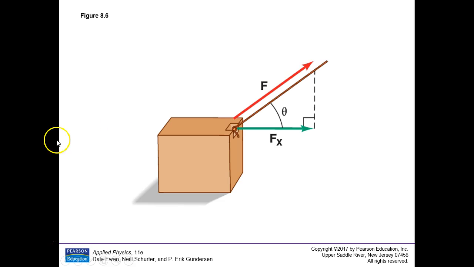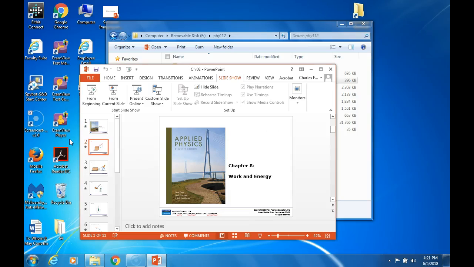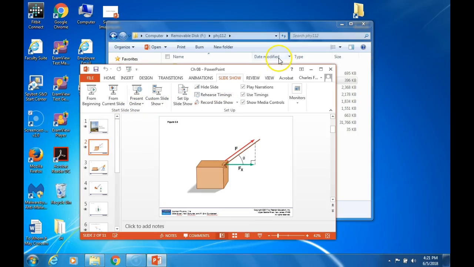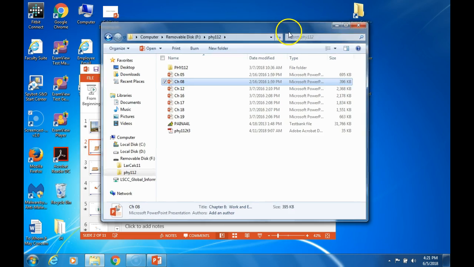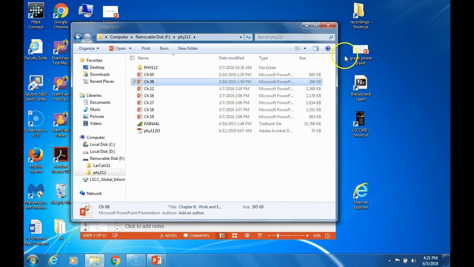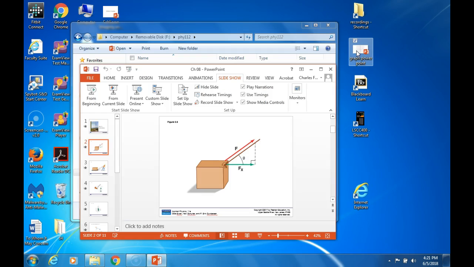Okay? Sorry, PowerPoint. Sorry about this. Let me do this. I said I would. Open another screen to do the problems on. Okay, sorry, I forgot to do that.